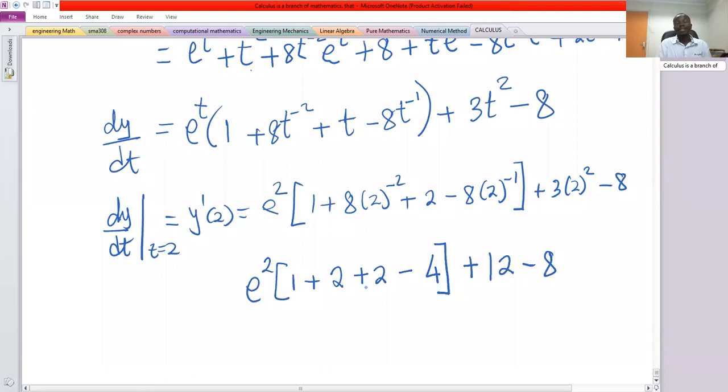So 1 plus 2 plus 2 is 5, minus 4 is 1. So it will just be e raised to power 2. 12 minus 8 is 4.